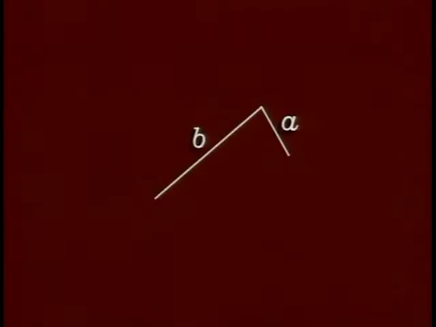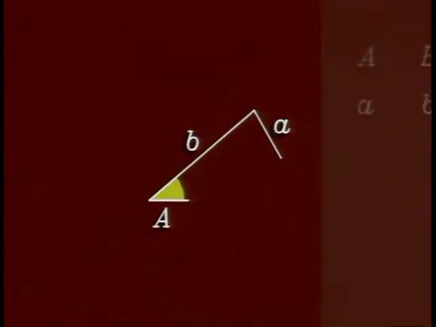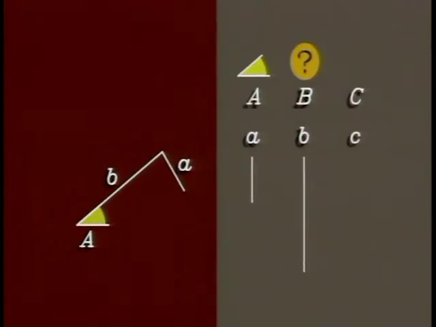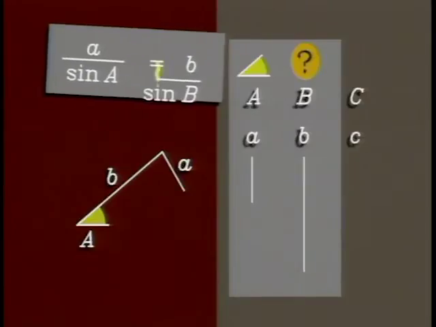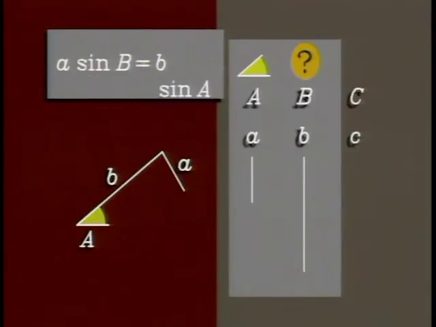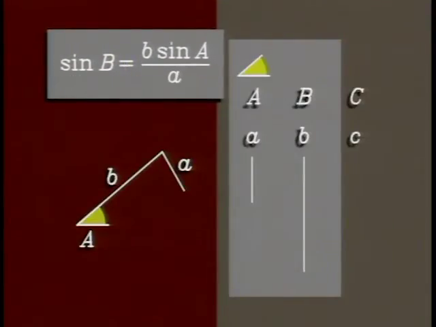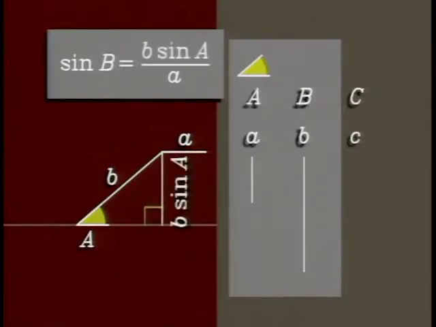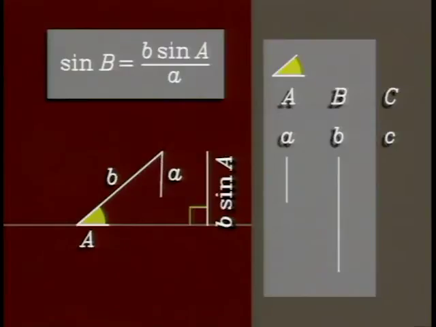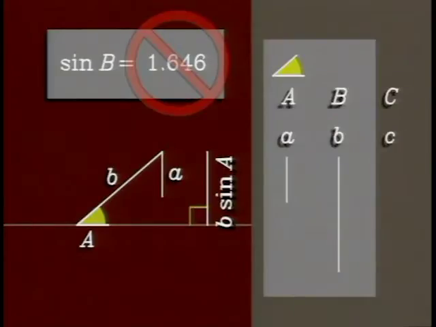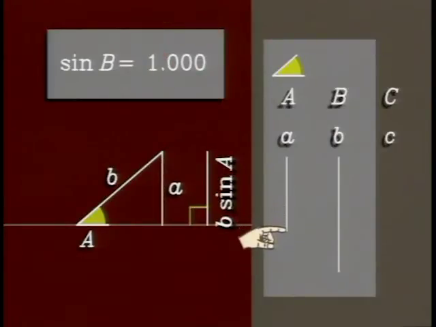In this example, we know two sides and the angle opposite one of them. The law of sines tells us that the sine of angle B is equal to the ratio B sine A divided by A. The numerator represents this distance. If A is smaller than B sine A, the ratio is greater than 1, and there's no possible angle B. If A equals B sine A, angle B is a right angle.